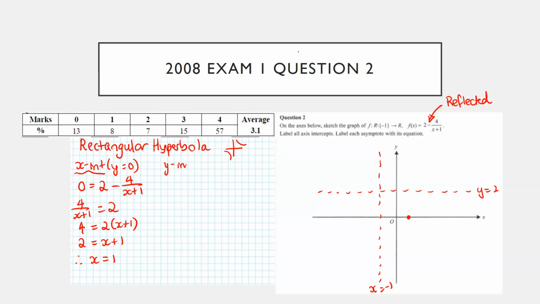My y-intercept, which occurs when x equals 0, is going to be given as y is equal to 2 minus 4 over 0 plus 1, which is just 2 minus 4, which is negative 2. So that's occurring here. So now we can sketch our graph.